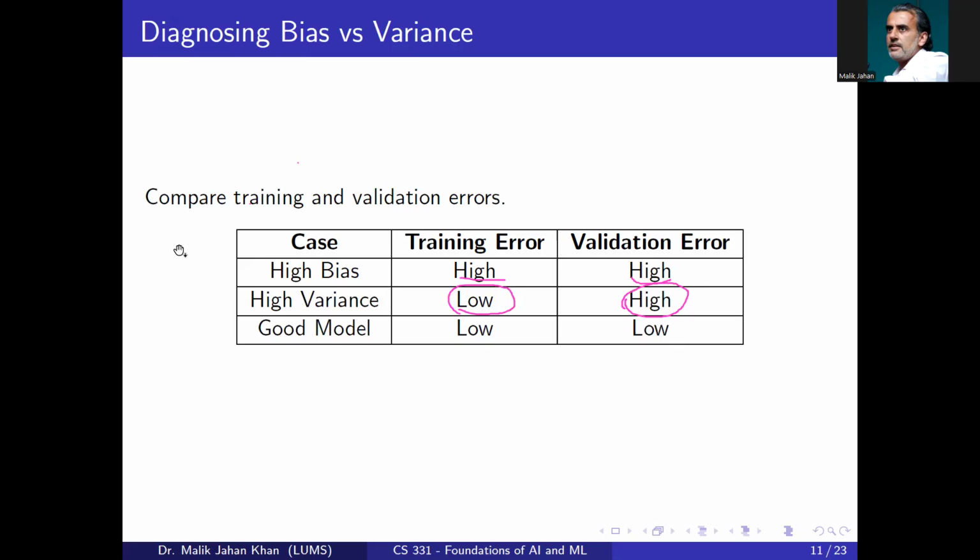And the ideal balance would be that we need to come up with a model where we control bias and control variance, so that we can reduce both the training error as well as the validation error.